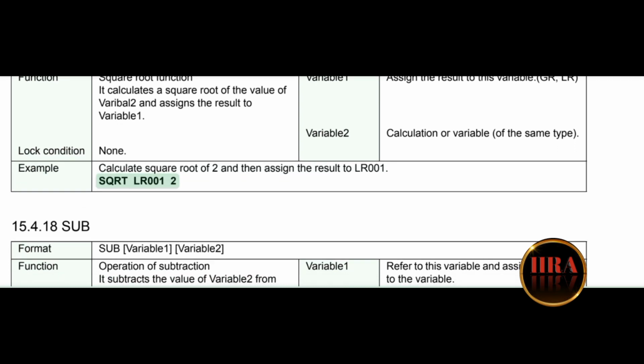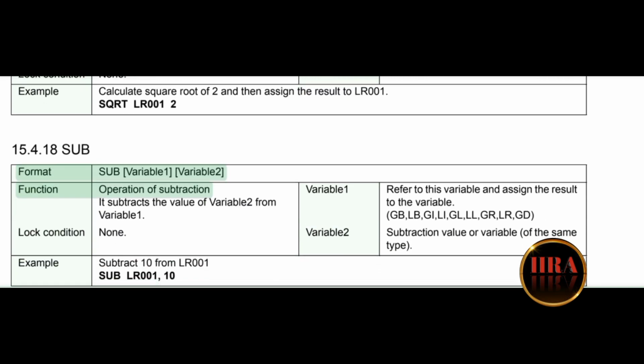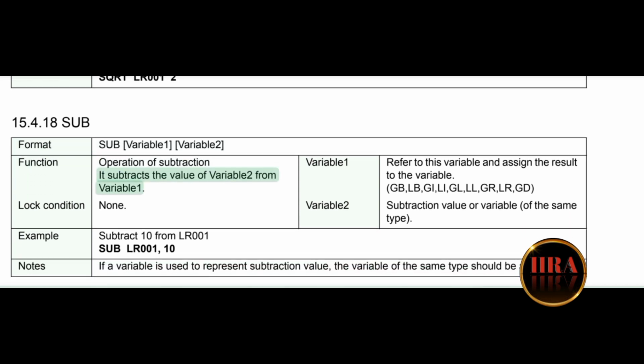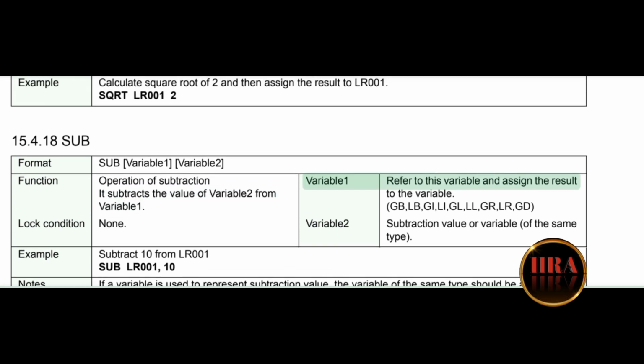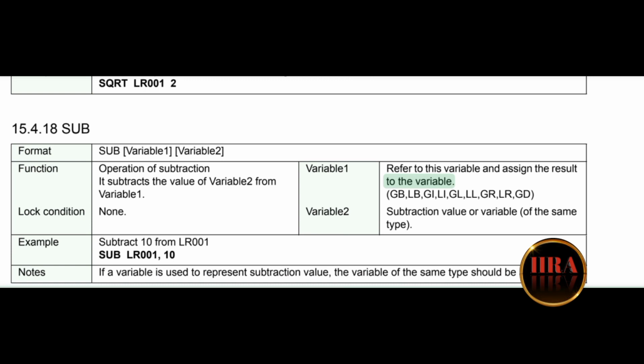SQRT LR001, 2. Format: SUB variable 1, variable 2. Function: operation of subtraction. It subtracts the value of variable 2 from variable 1. Variable 1: refer to this variable and assign the result to the variable.